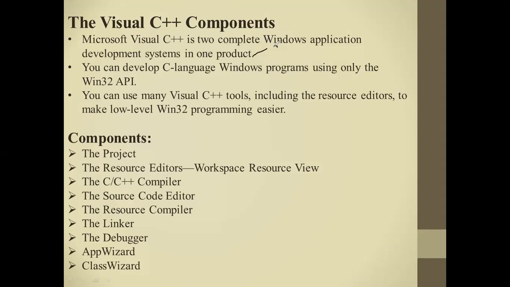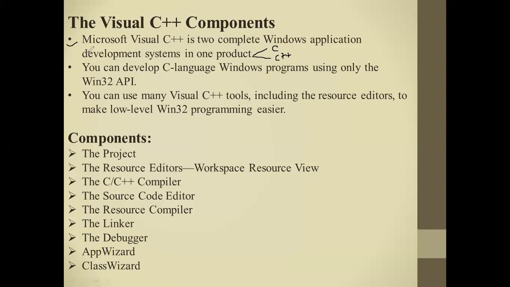The first is C language development, so it provides the feature of using the C language for Windows development, as well as C++ visual tools for designing a Windows desktop application development system. The first thing you have to remember regarding Microsoft Visual C++ is that it provides two languages, or two complete Windows application development systems, in a single product.